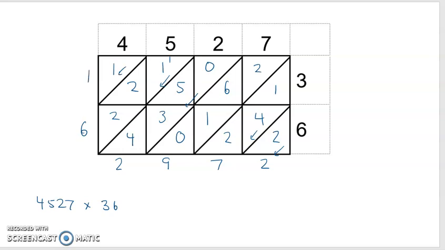So very quickly we can see that 4,527 times 36 is equal to, just read along the side, 162,972.